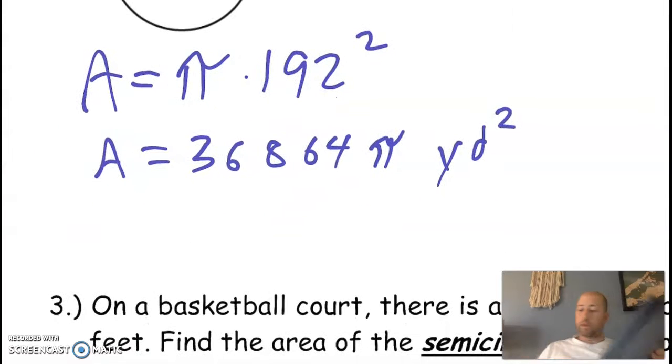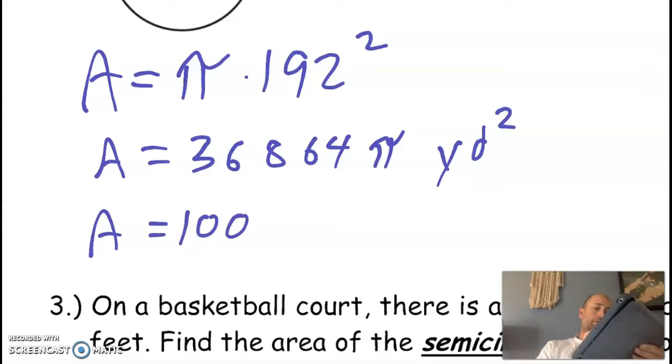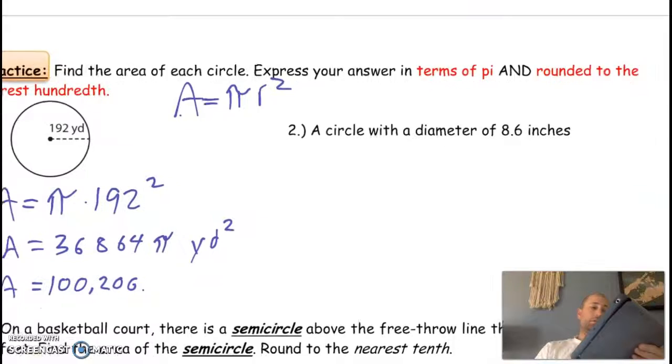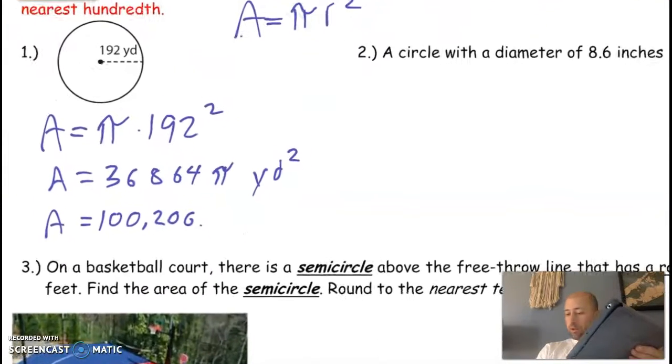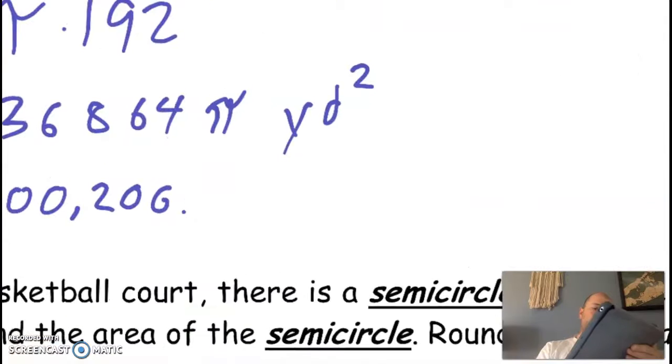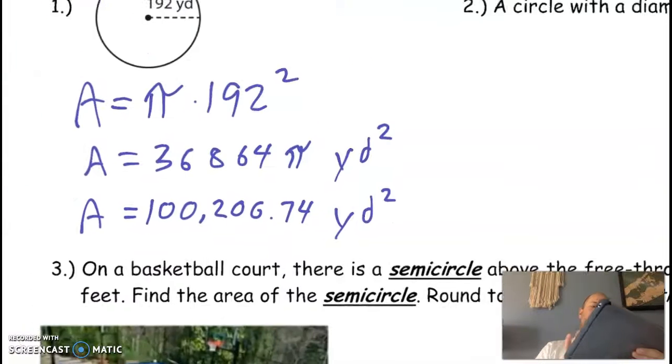That's in terms of pi. Then I multiply that answer times pi. I'd get 100,206.74 to the nearest hundredth, yards squared. Good.